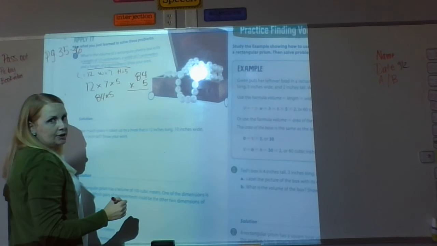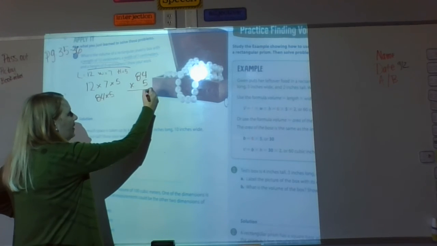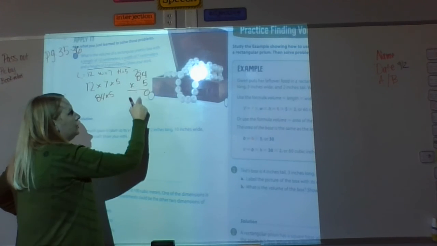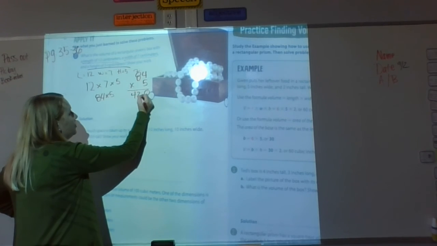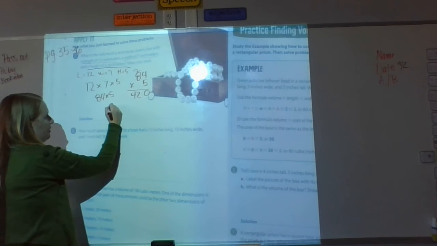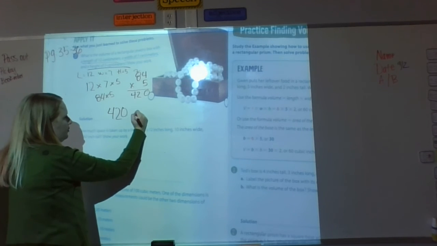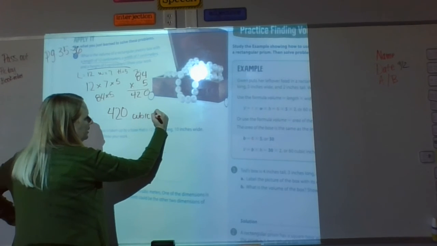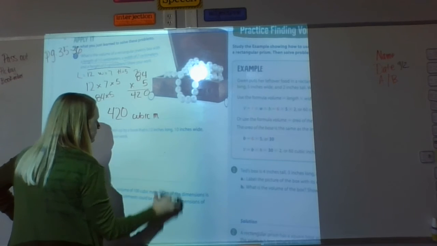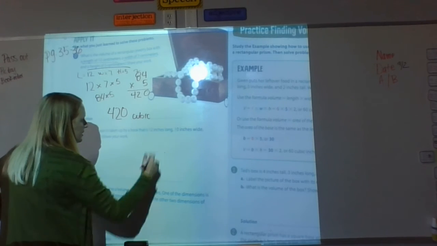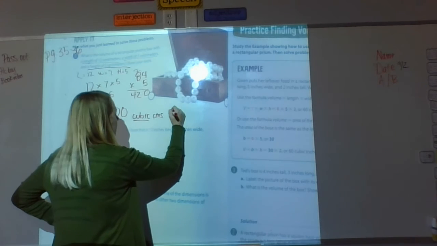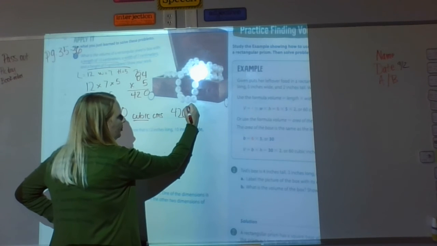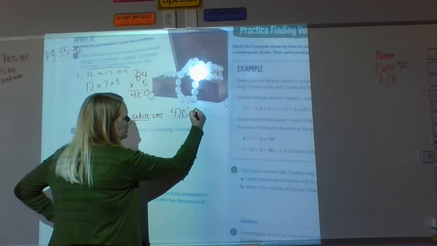Makes it a lot easier. 4 times 5 is 20, carry our 2. 5 times 8 is 40, plus 2 is 420. This was done in centimeters. 420 cubic centimeters. You can also write cubic like this. You put a little 3 up here, centimeters.